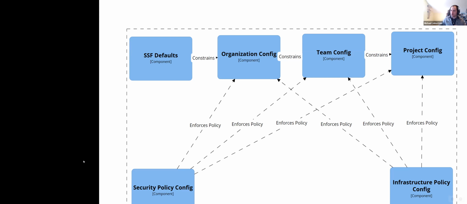So SSF provides all of these defaults. We encode those defaults in a specification in Q. And then you can imagine an organization like CNCF or OpenSSF. CNCF might say, and I'm just going to throw this out there, I'm not saying this is actually the case, that we only support Go, Python, and Java.